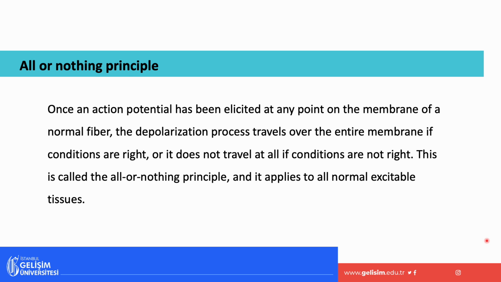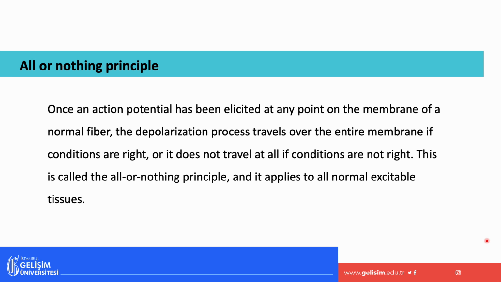Now, the reason for this is that the initiation of an action potential is based on the opening of voltage-gated ion channels in the axon membrane. When a stimulus reaches that threshold, it causes rapid depolarization of the membrane potential, which triggers the opening of the voltage-gated sodium channels. Once these channels open, sodium ions rush into the cell and depolarize the membrane even further.